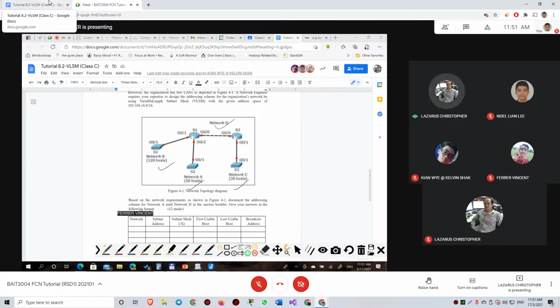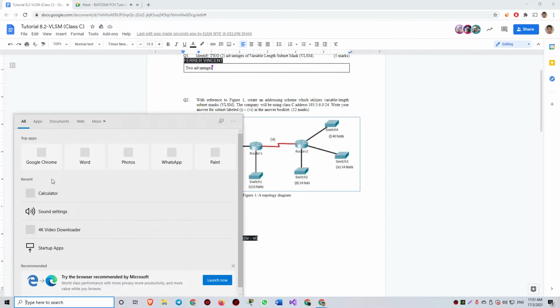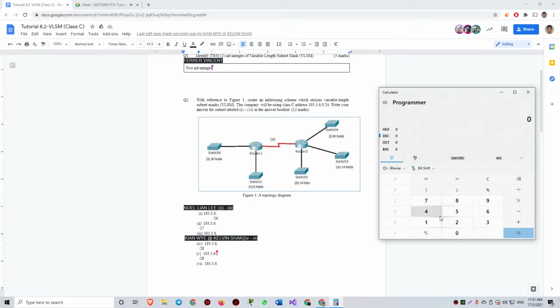And then you try to provide the network that gives you 130 hosts. What's the prefix and what's the subnet address, broadcast address, first usable, and last usable? And the next one is 50. How many bits to borrow for 50?